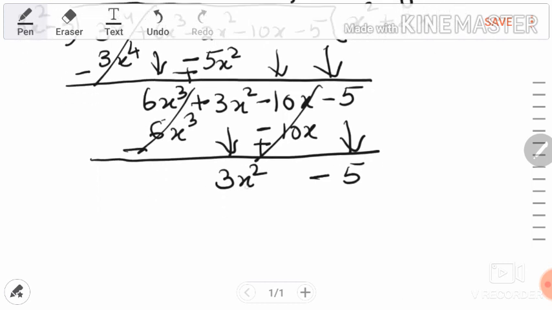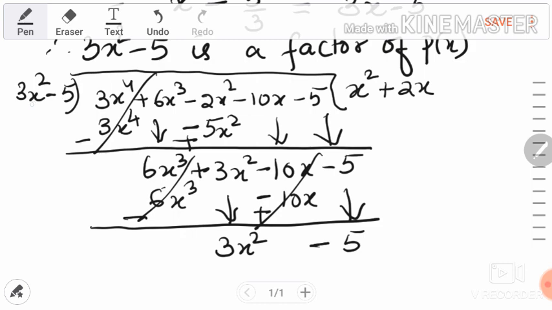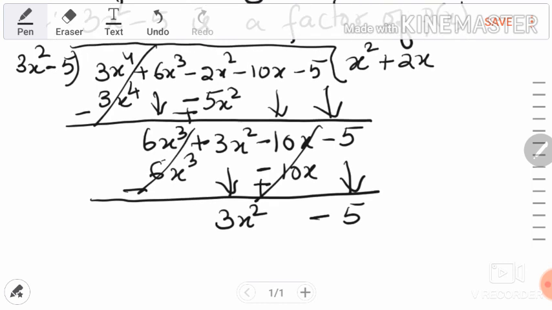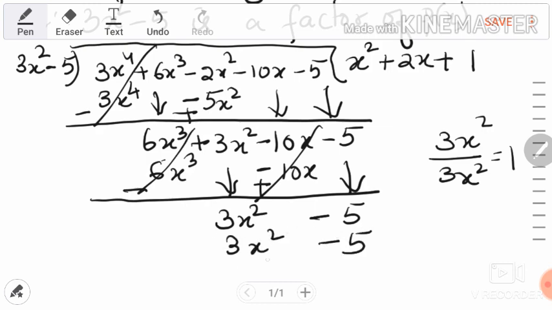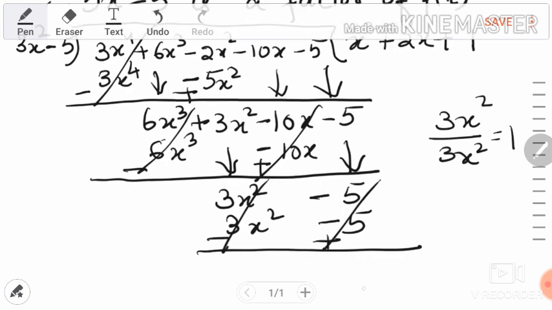Now the degree of the remainder is 2 and the degree of the divisor is 2. So we can find the third term. Divide the first term of the remainder polynomial by the first term of the divisor. So we get the third term of the quotient, that is plus 1. Now multiply plus 1 to the divisor. We get 3x square minus 5. On subtracting, the remainder is 0.